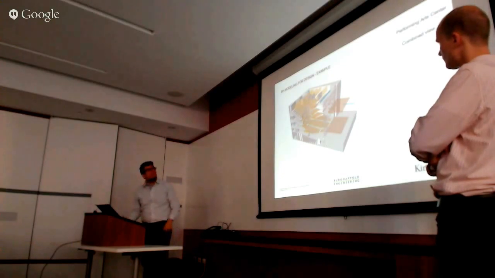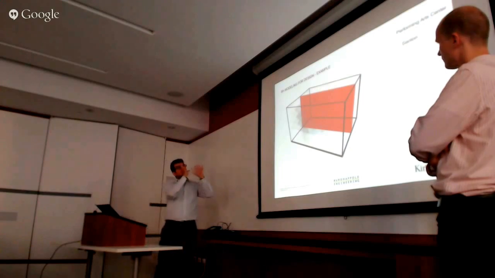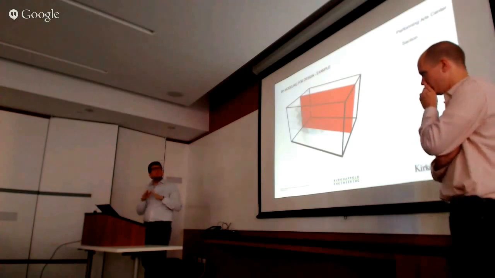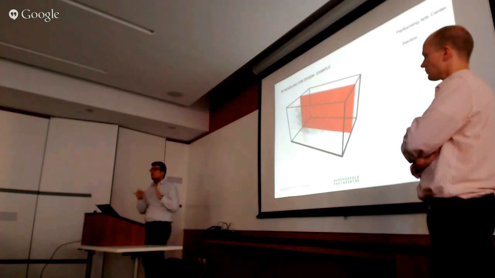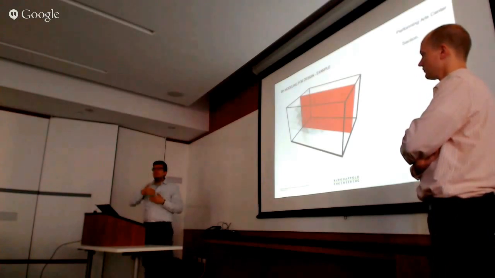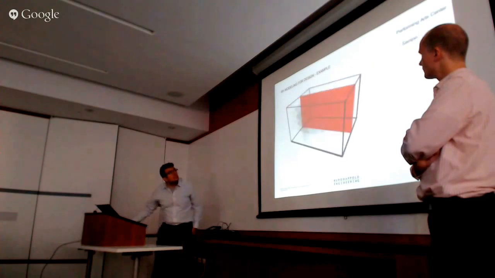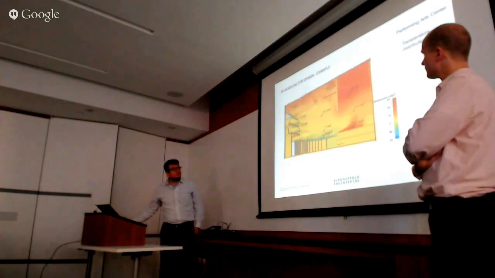This whole volume has data, and the best way to show it is to cut a slice and pretend it's 2D. People work better with 3D sometimes, but when they look at computational fluid dynamics, 3D doesn't work. We have to give them slices, either plans or sections. Then it becomes more understandable. And that's the slice we're looking at, that red point.